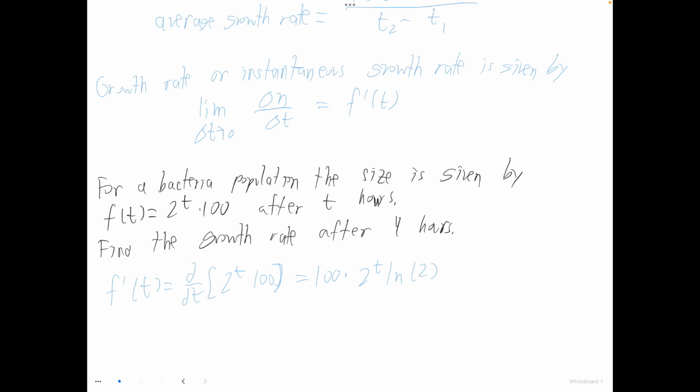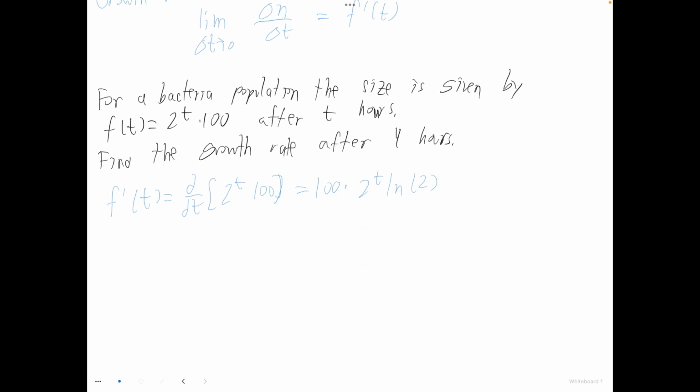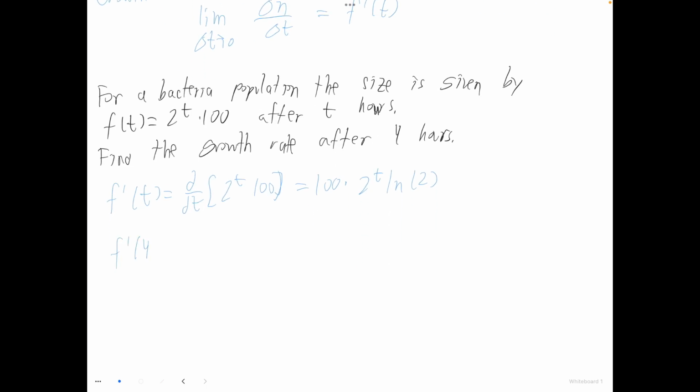So this is just using the fact the derivative of 2^t is 2^t ln of 2. And then we wanted it after 4 hours. And so f prime of 4 then is just going to be 100 times 2^4 ln of 2, which is approximately 1,109 bacteria per hour.